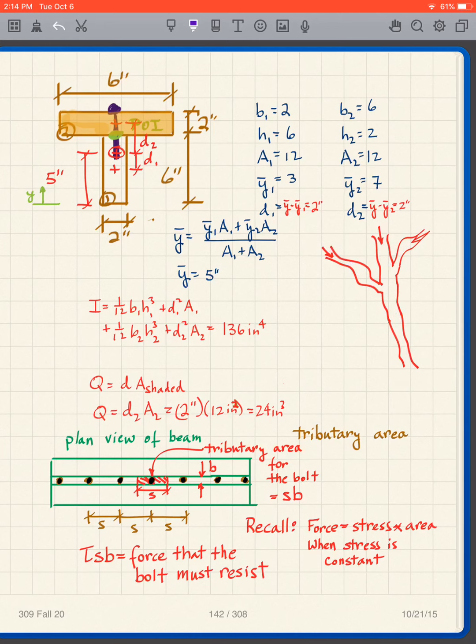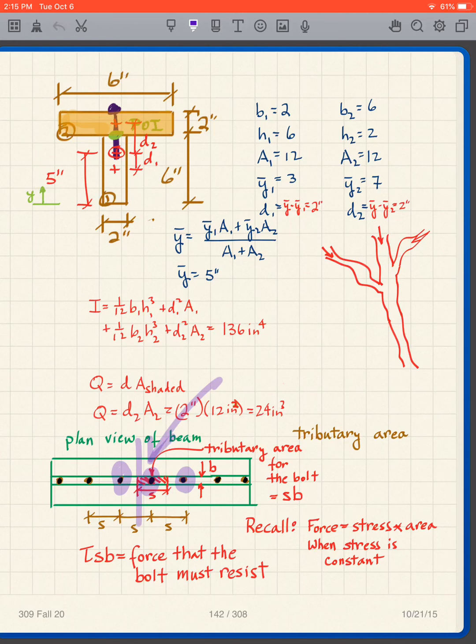Well, what we're looking for here is what contributes to the load on that bolt. What area? So we're talking about a tributary area. If I'm looking at a bolt here, and I have another bolt here, and another bolt here, well, the bolt in the middle is responsible for the area halfway in between.